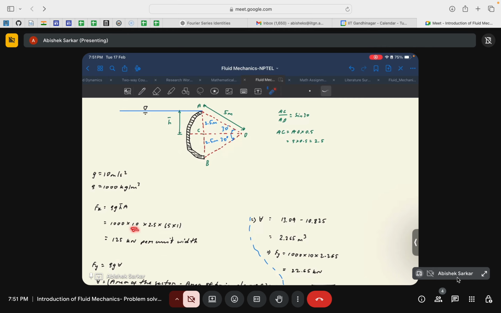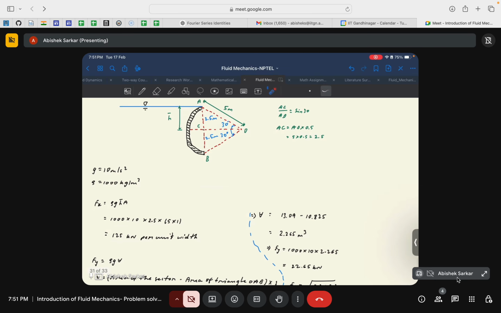Again, I feel very sorry that you are asked to take g as 10, but unless and until given, you should take g as 9.81. But since it's explicitly given in this problem to take g as 10, you take g as 10. h bar is 2.5 and A is 5, as I already found out here. So Fx, the horizontal force, would be 125 kilonewton per unit width.